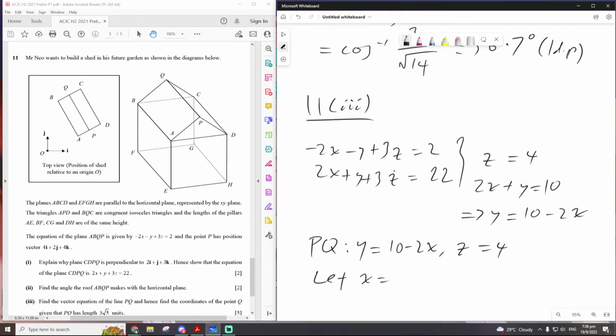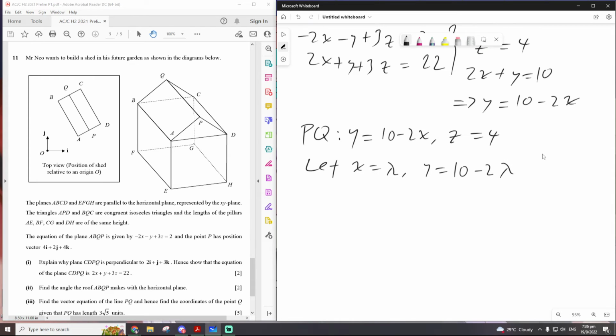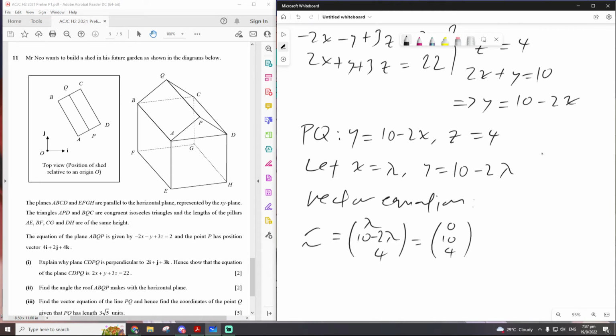Let x equals lambda. Then y is just 10 minus 2 lambda. So that you get a vector equation. You get r equals (lambda, 10 minus 2 lambda, 4). Then you get out the fixed point. This is (0, 10, 4) plus lambda (1, minus 2, 0). Then lambda is some real number.